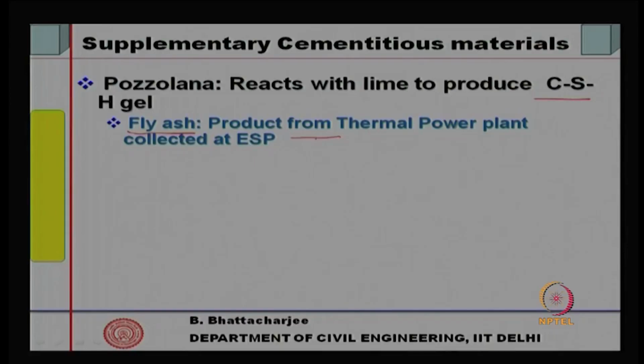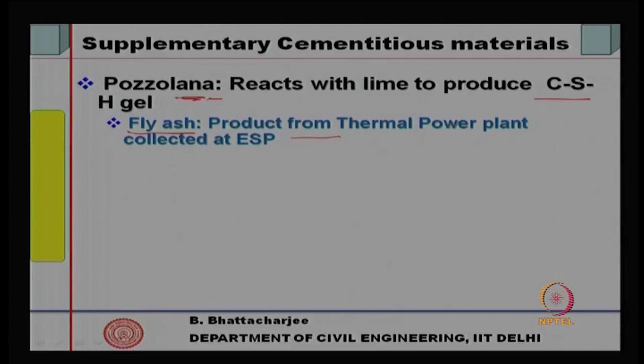Many other industrial products also show this kind of property, pozzolanicity or pozzolanic behavior. That means they react with lime.